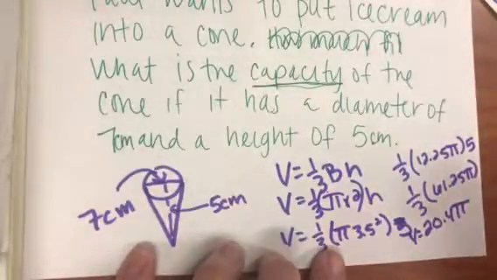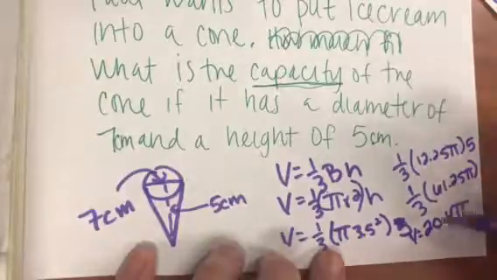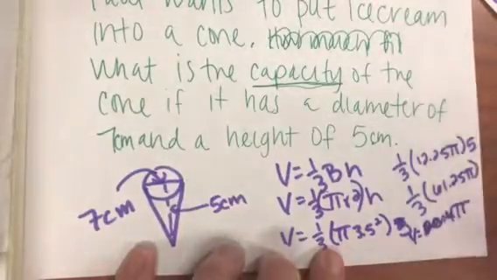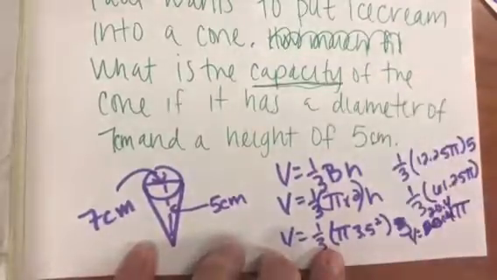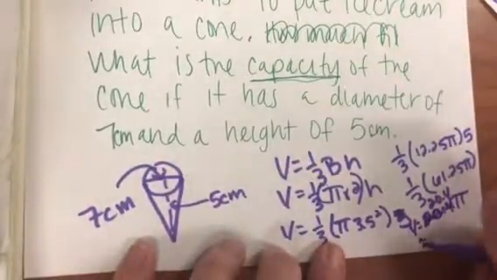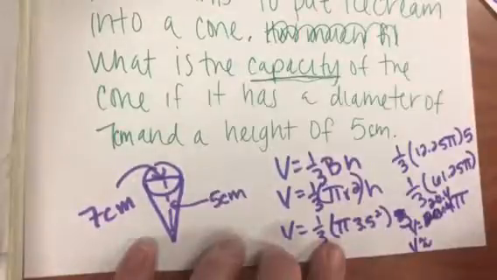61.25 divided by 3 is 20.4. That's right. So 20.4 pi, or approximately, we do 20.4 times pi.